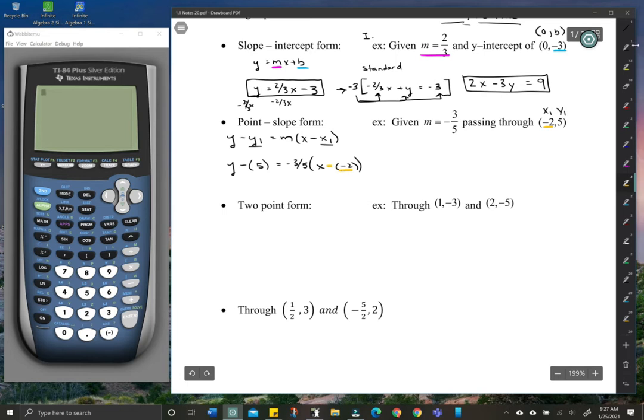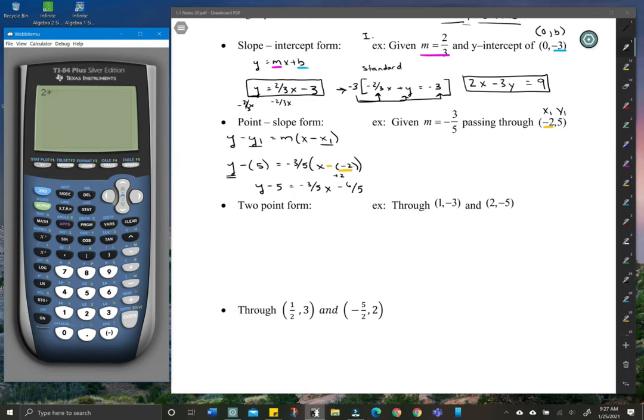And then we're basically going to be solving for y. So y minus 5 is equal to negative 3/5 x. This is originally a positive 2, and I'm going to distribute a negative 3/5, so it's going to become negative 6/5. Calculators: in this course you should be relatively comfortable with dealing with fractions.